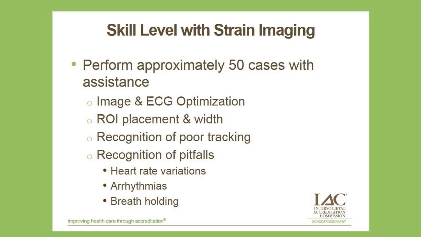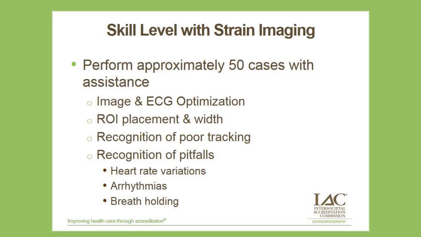And also just recognition of poor tracking. I know the systems are very automated now. The vendors have done very good jobs of making strain a lot easier for us as sonographers, but sometimes the tracking can not be adequate and can really alter your results too.